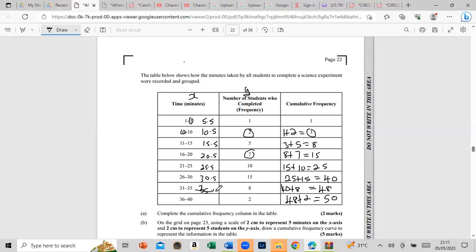And then what you would do is plot it against each other. So this is your x-axis, so you know the x-axis runs from left to right. You plot the boundary.